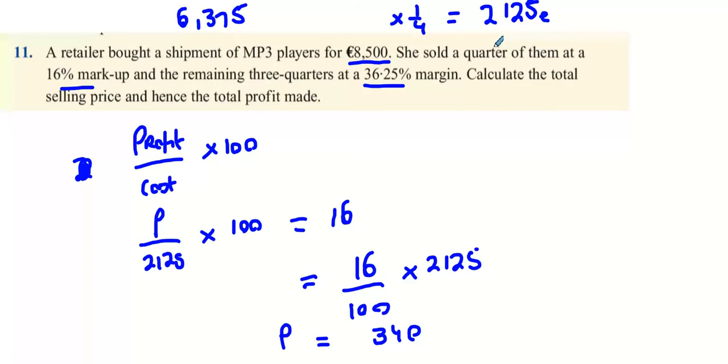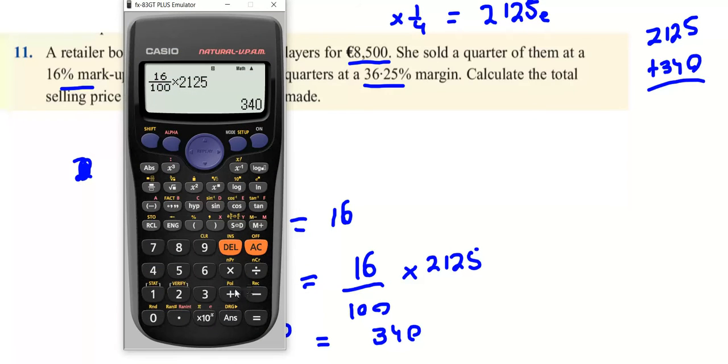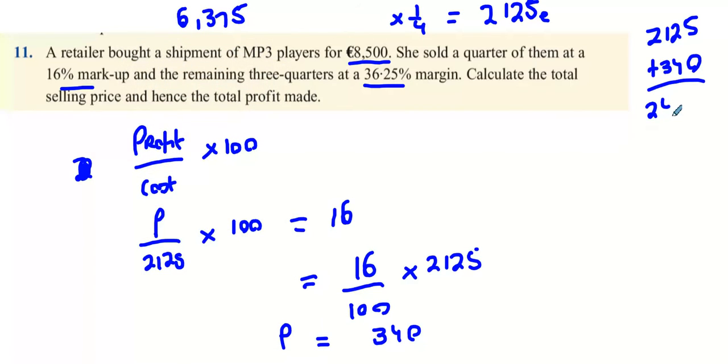Okay, so you sold that part for 2,125 plus 340. That part of the MP3s was sold for 340 profit, so 340 plus 2,125, 2,465.